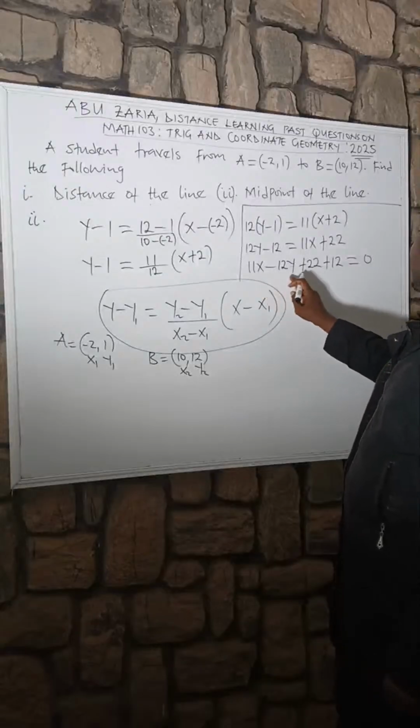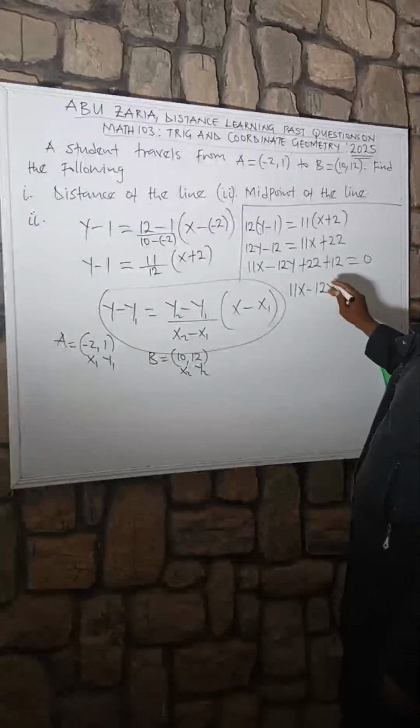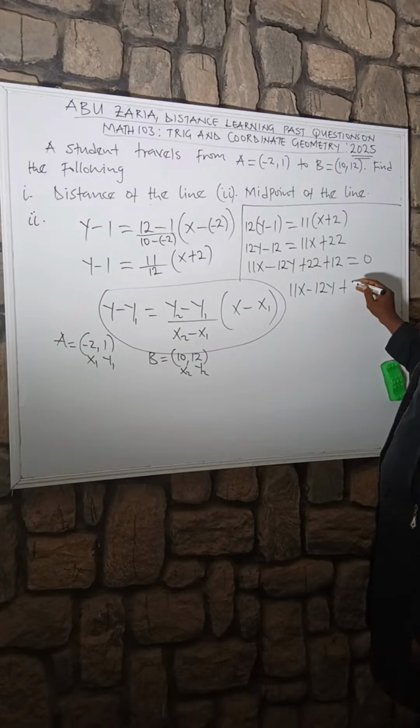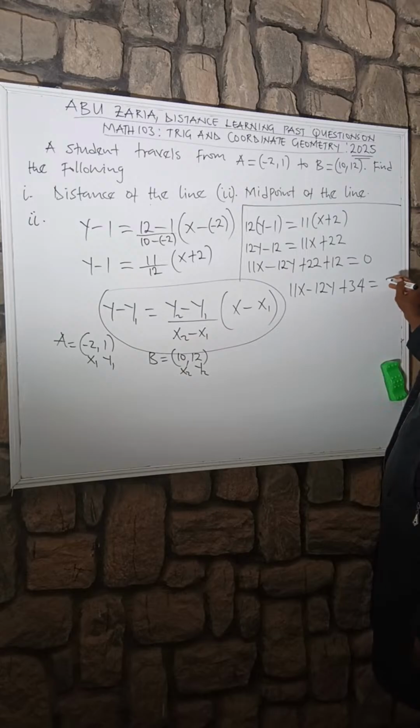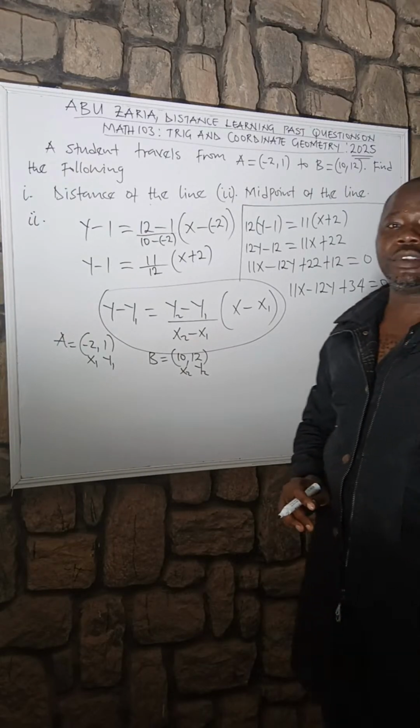You can now see that here we are going to add up this 12y, this plus this is going to give us plus what? 34, right? 34 equals to 0. So this is a line.